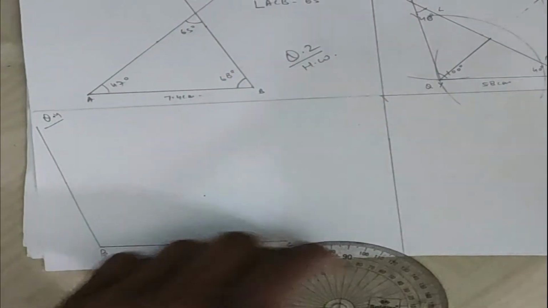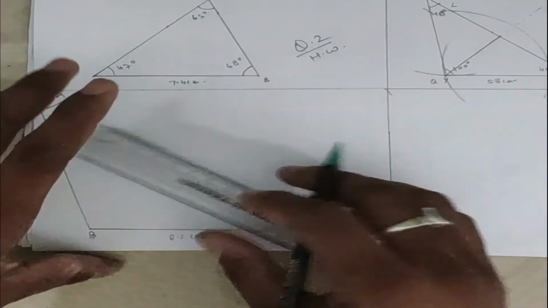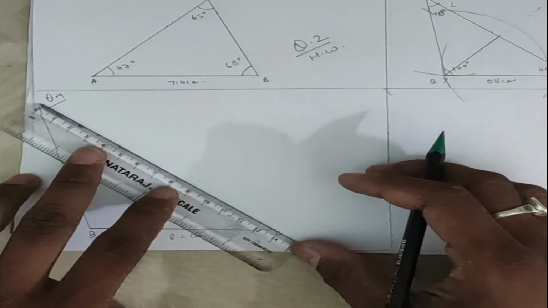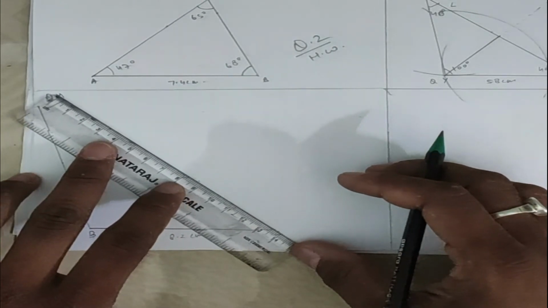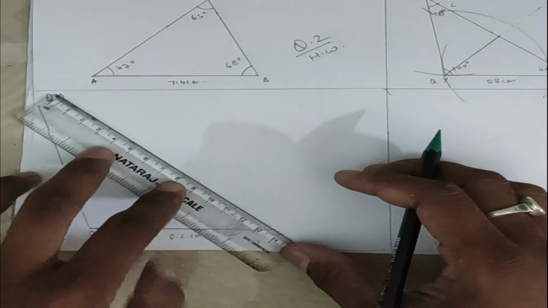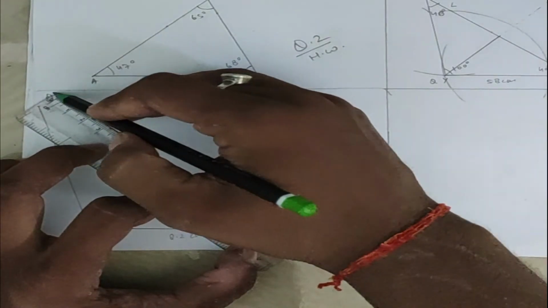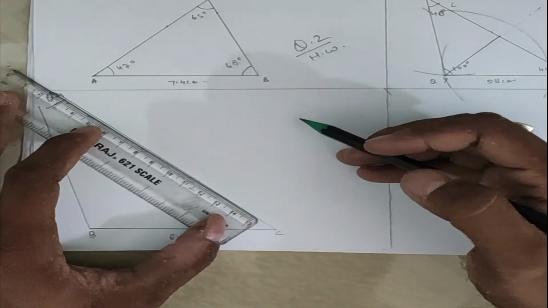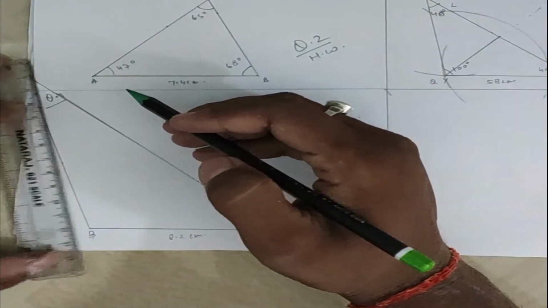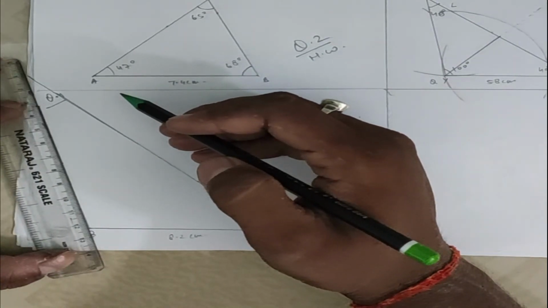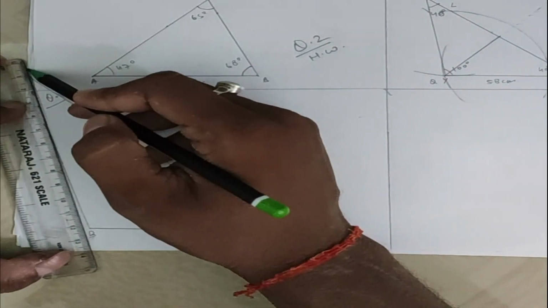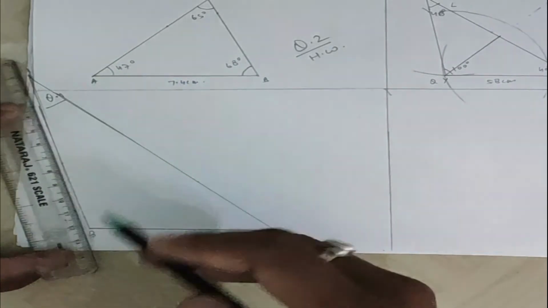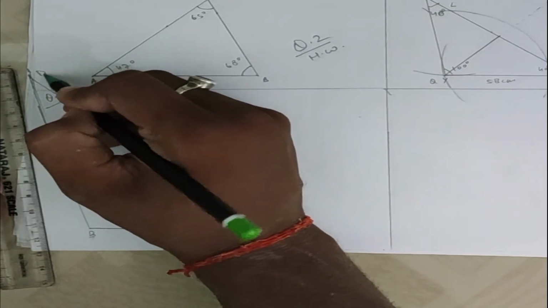Okay, now we will match these points. Then we have to extend this line till here. That is our point D.